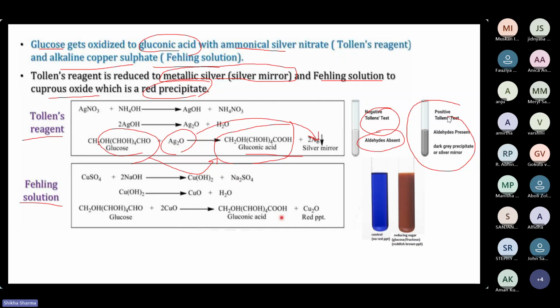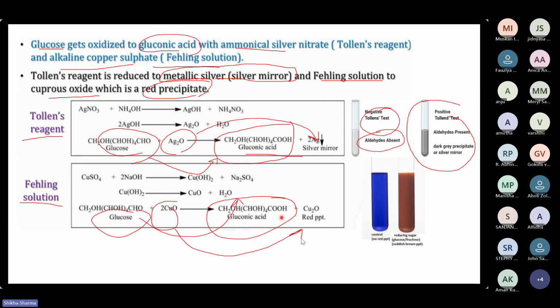Whereas in the Fehling's solution, again the glucose is converted into gluconic acid by the oxidation reaction, but the Fehling solution has copper, which is converted into cuprous oxide and forms the red precipitate.